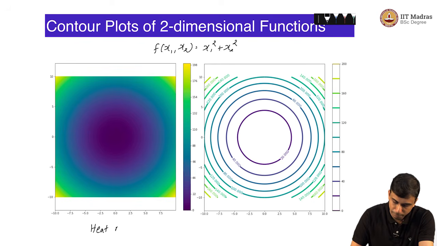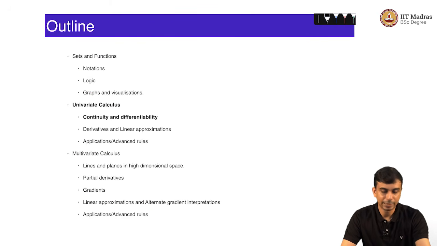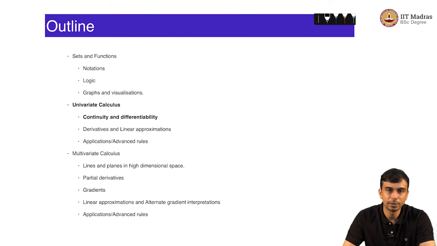This is the heat map and this is a contour map. So, these are two standard ways to visualize 2D functions. With that, I think we can wrap up the basic setup and basic notation and symbols and visualization techniques that you will need for the rest of this week and for the rest of the course also.